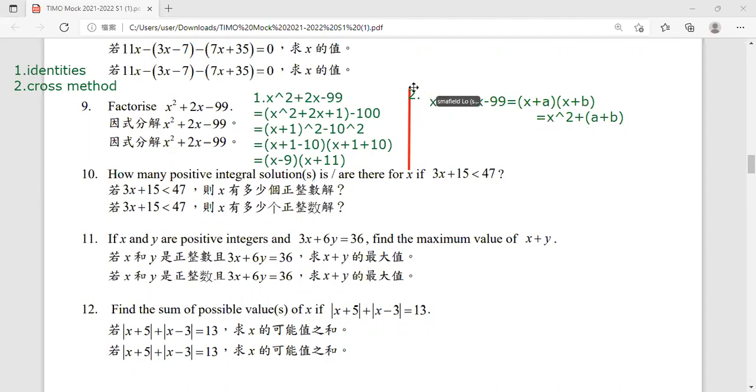So you will find that the method is a plus b.